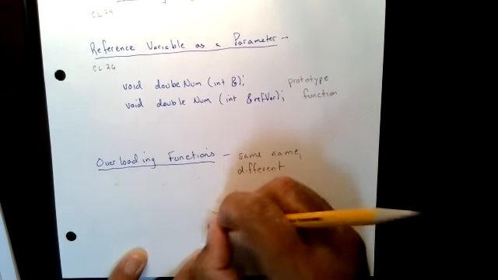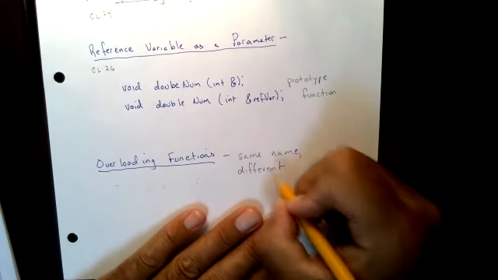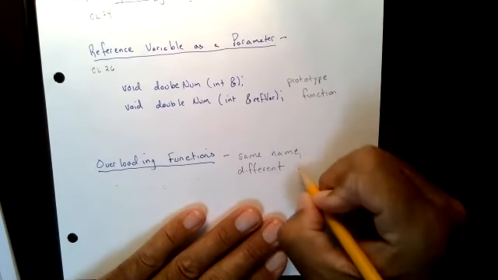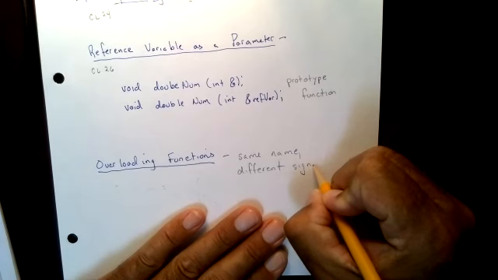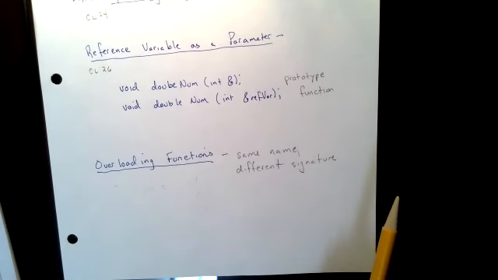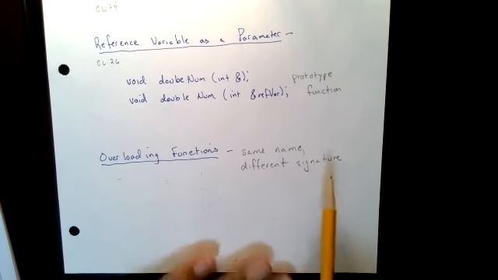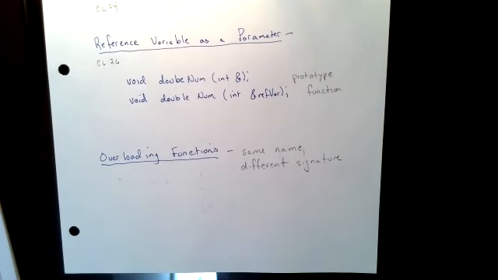We played hangman. We talked about it. Different signature. Very good. Different signature. That means it has a different parameter list. Just like our constructors. They were the same name. They had different signatures.